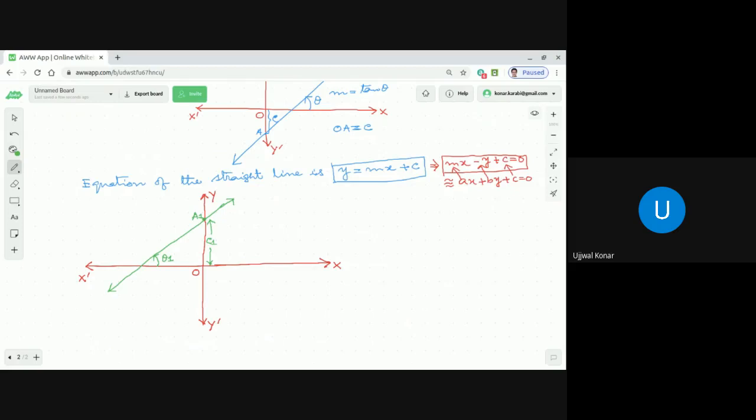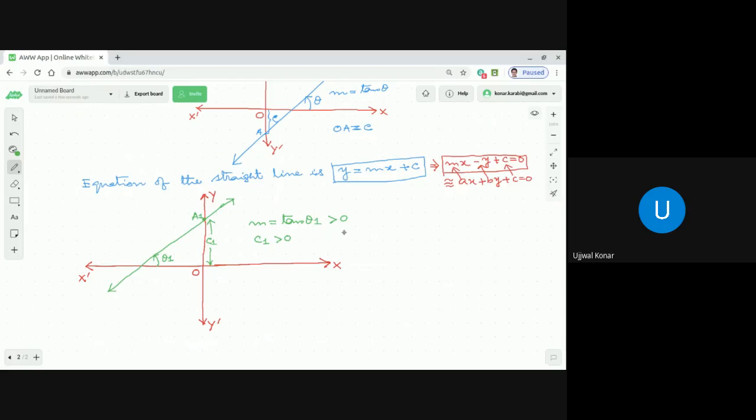So what is m here? I'm writing in this color that m is equal to tan theta 1, which is greater than 0 because the tan of an acute angle is greater than 0. And C1 is also greater than 0. Correct? Because here it's positive, that's why the straight line looks like this.